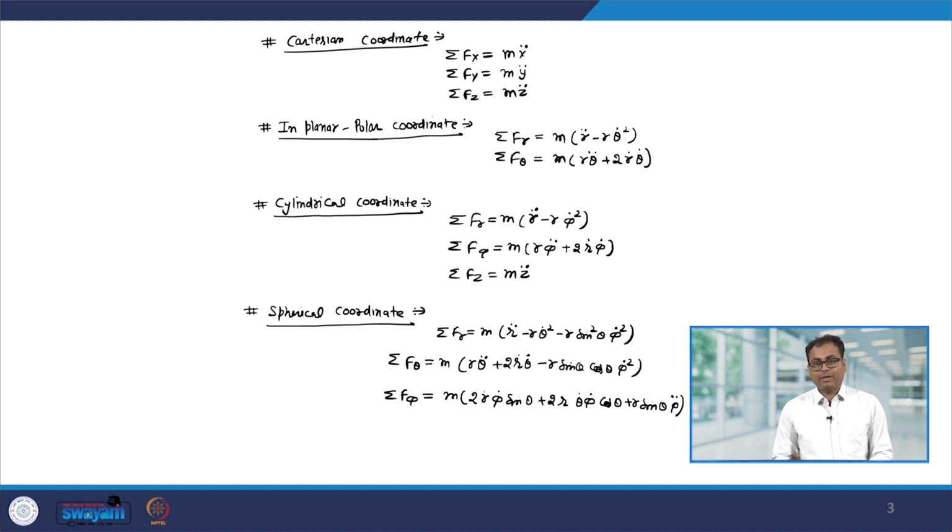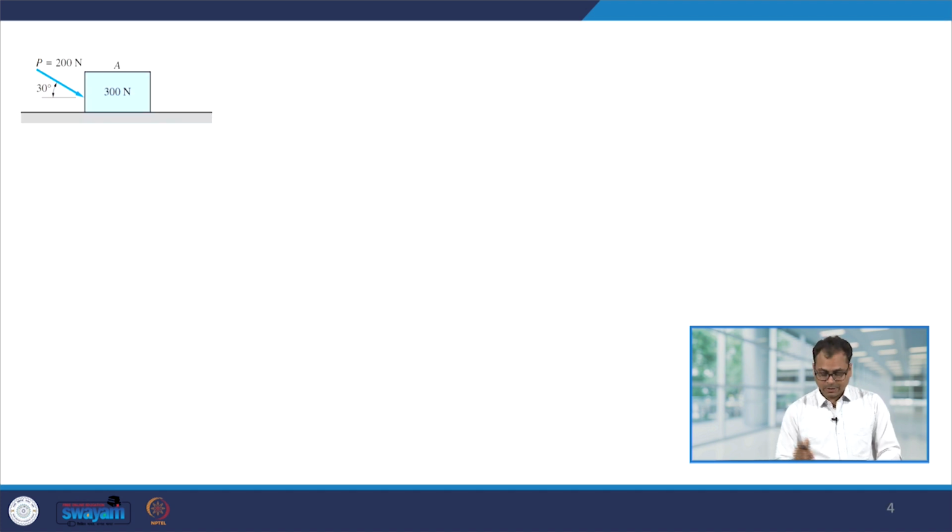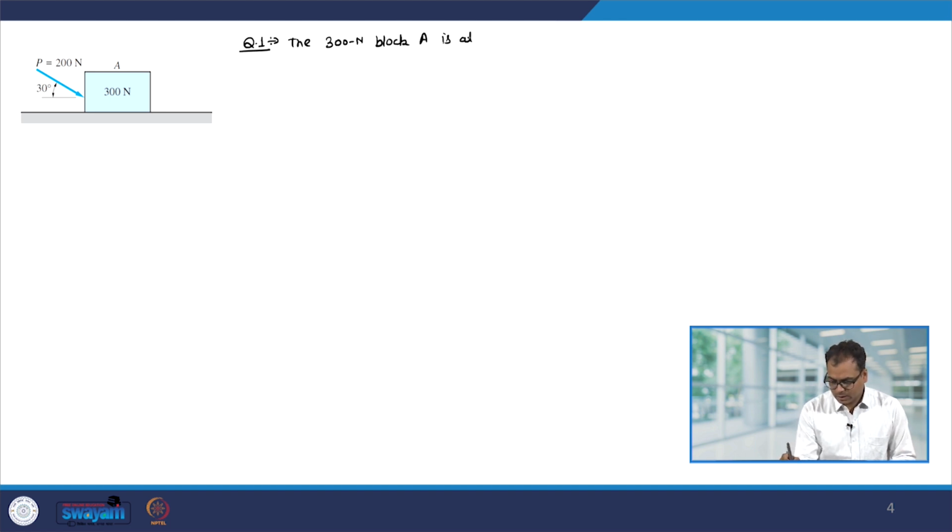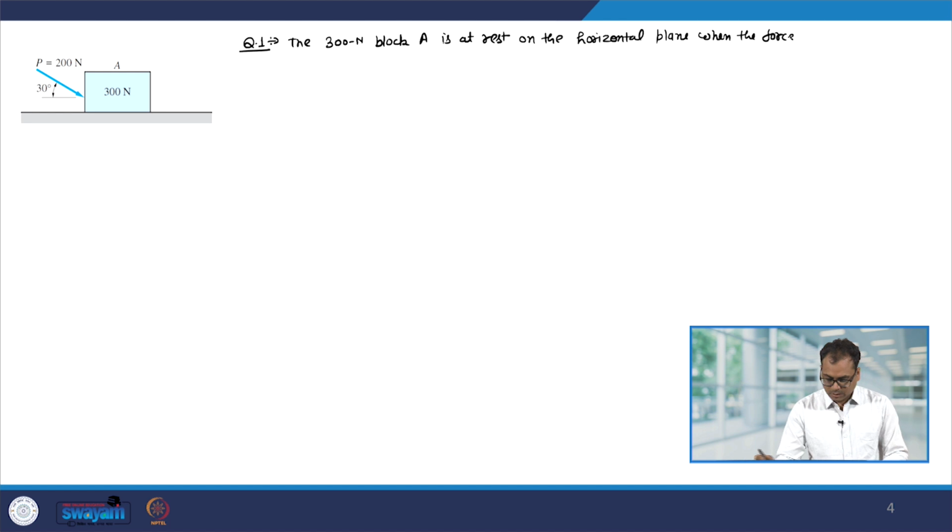Now, with this very basic introduction, let us look at the examples. The first problem statement is the following. The 300 Newton block A is at rest on the horizontal plane when the force P is applied at t equal to 0 seconds.